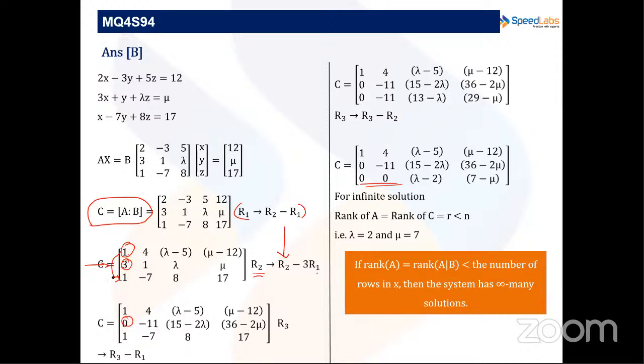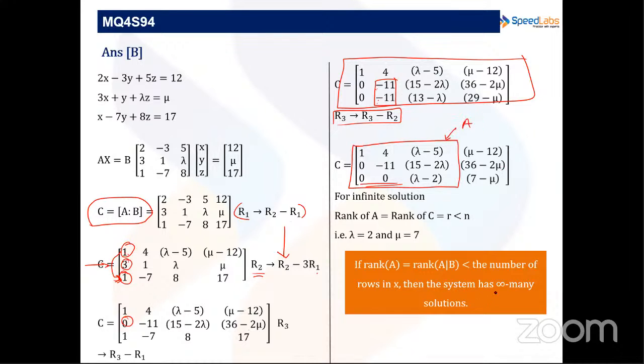Now in this we will put R3 minus R1 so that this can become 0. So we will get this. Now we can see here that we are having one more possibility to make this value 0. So we applied in R3, R3 minus R2. So we are getting this 0. Now this is our A.